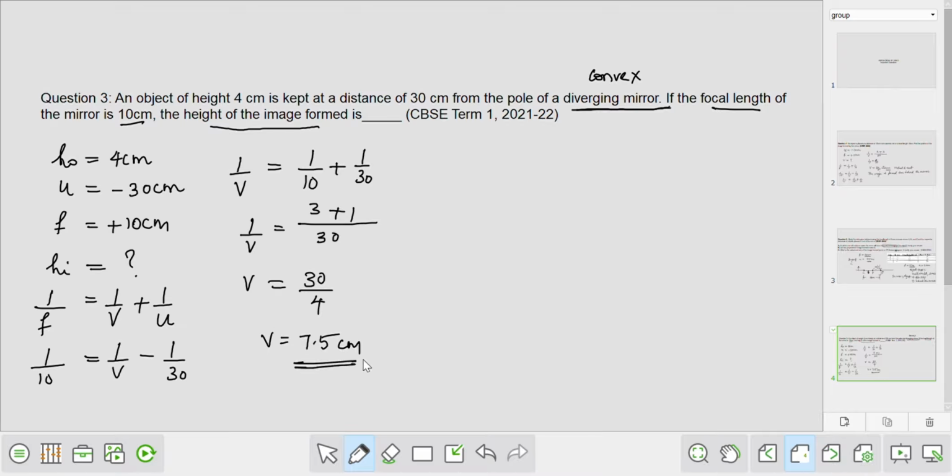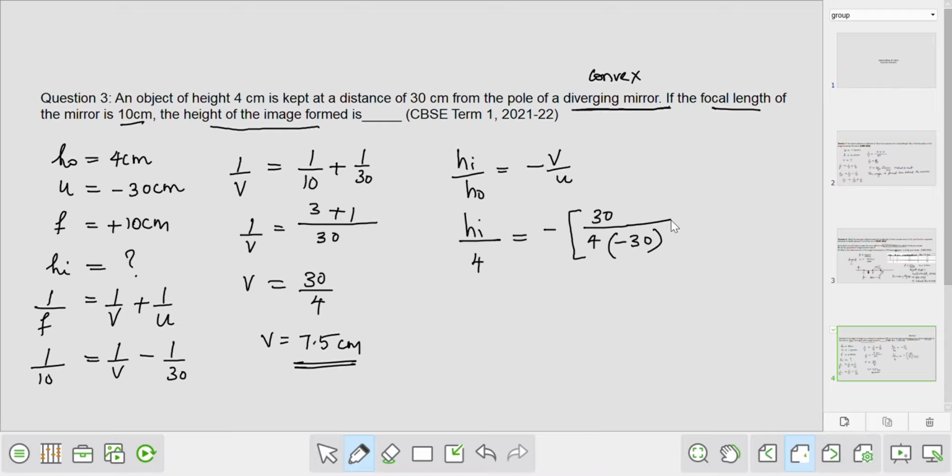Now we have to find HI. So you have the magnification formula. HI by HO is equal to minus V by U. So HI by 4 is equal to minus V, which is 30 by 4, divided by U, which is minus 30.